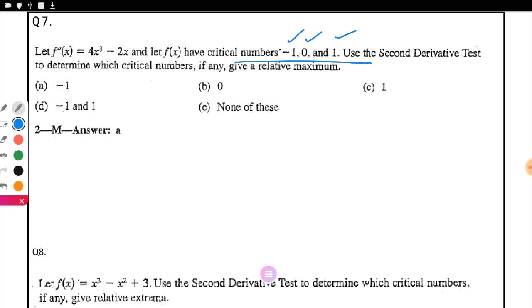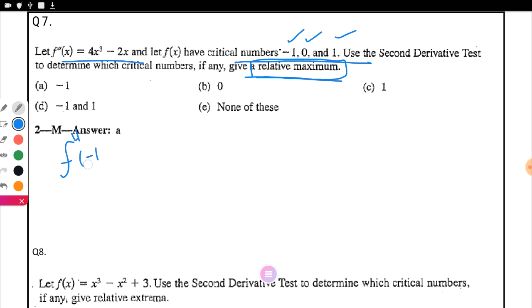Here, he would like to know at which value of x, which are critical numbers, we have a relative maximum. Our steps here: I have to replace each value of the critical number in the second derivative.